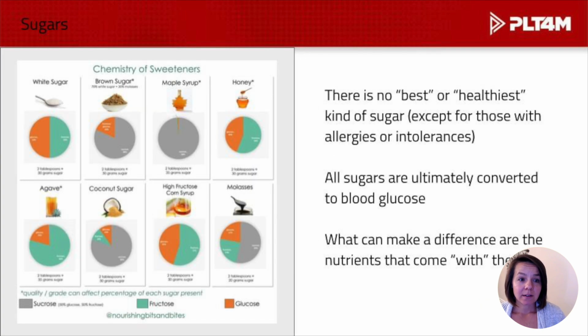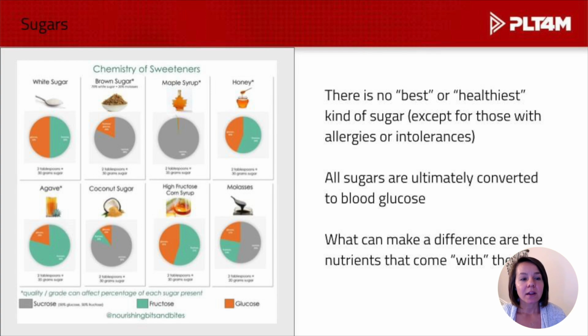For the most part, our body sees these combinations of the different single molecules of sugar as fairly universal. And ultimately, it turns any of them into blood glucose, which is then used as energy by our cells. There really is no best or healthiest sugar, but there are some uncommon circumstances where the chemistry of these sweeteners or sugars might matter.